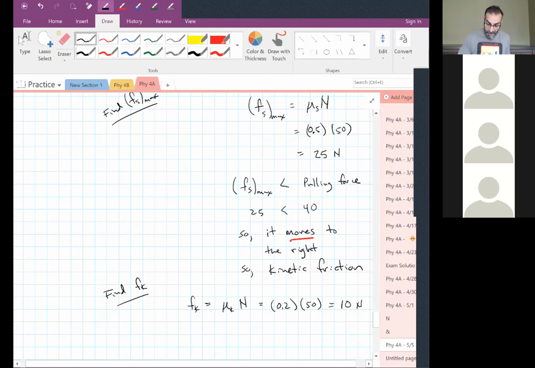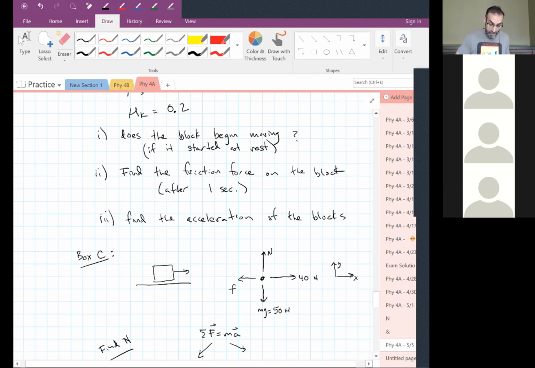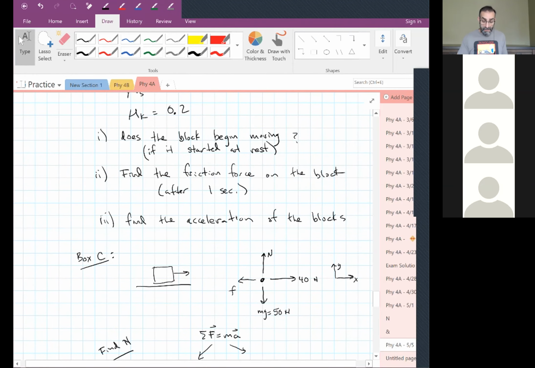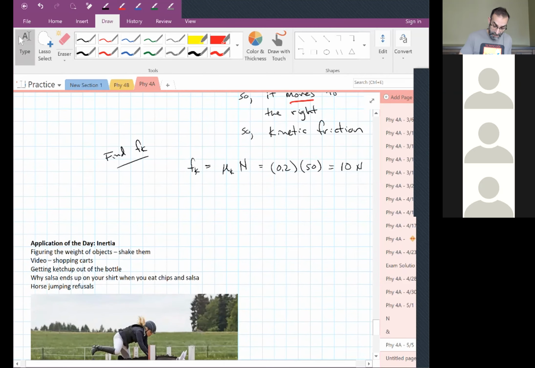And now, so what were the questions here? Does it move? So we said, yes, this one moves. Find the friction force acting on the box. So once it starts moving, we know it's kinetic friction. That's easy to find. We did that. Now it says find the acceleration. So let's do that.